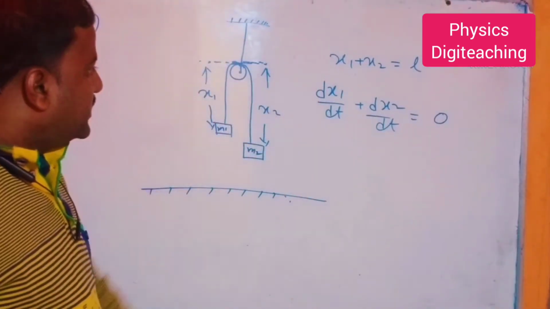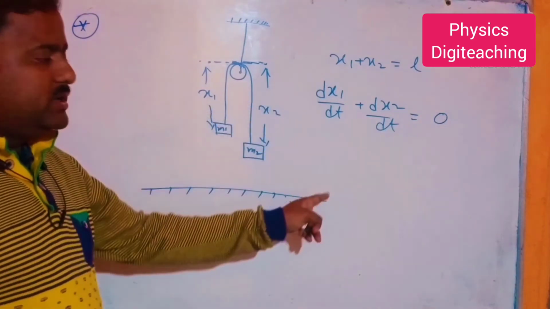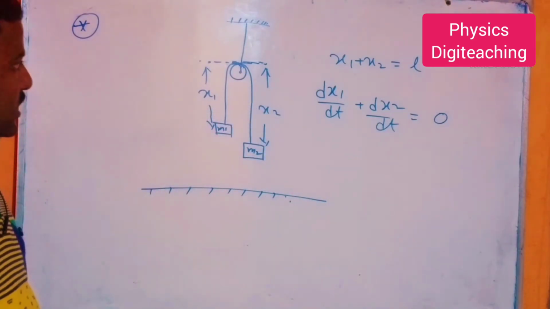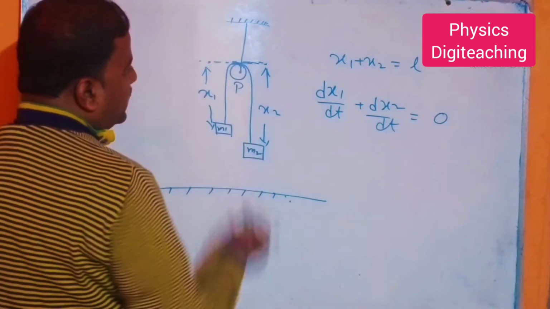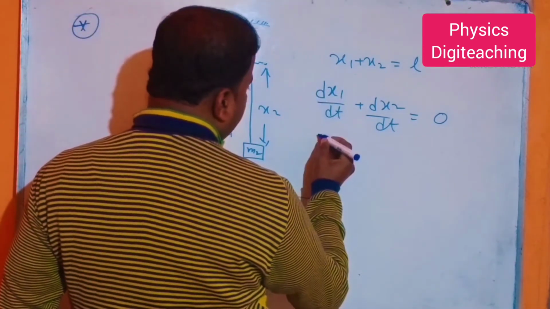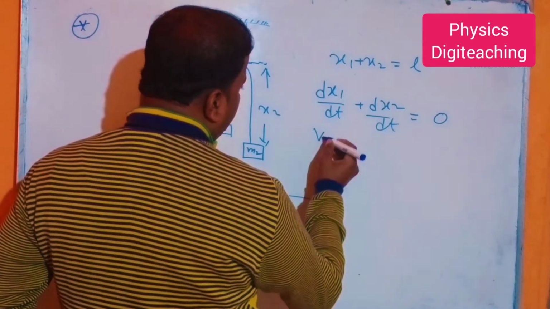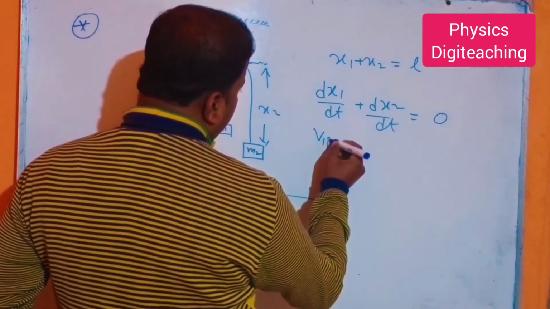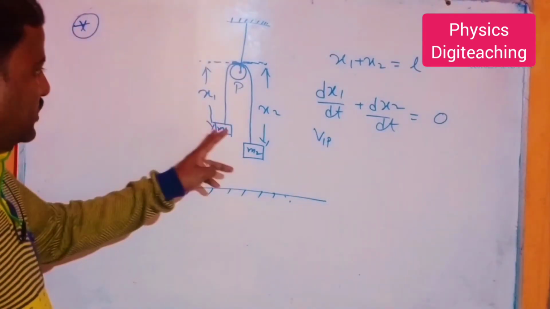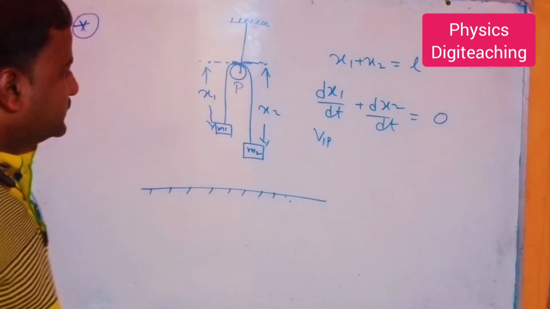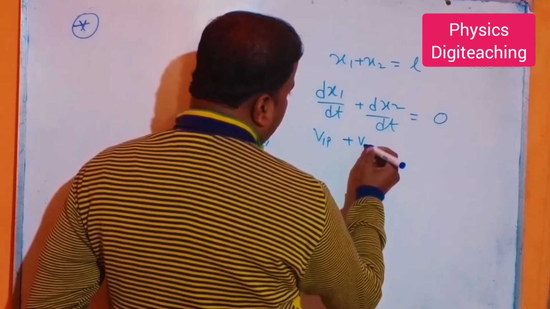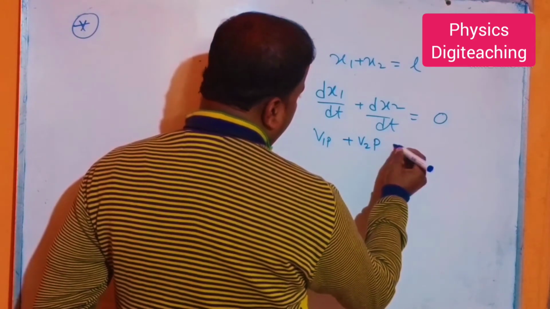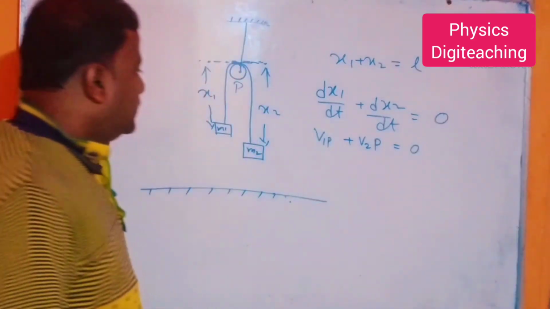What is dx1 by dt? dx1 by dt is the velocity of mass m1 with respect to this pulley P. Then we can write this as V1P, that is the velocity of mass m1 with respect to the pulley, plus V2P equal to 0.